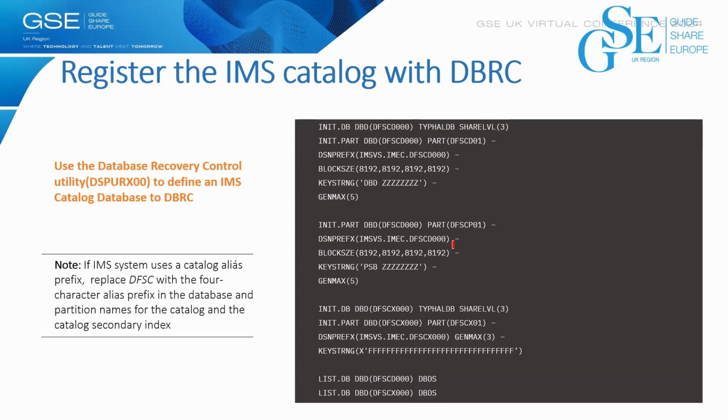This is how you need to code the names of the IMS catalog databases, the partitions and the index, except if you are using an alias name, then you need to replace this first four-character prefix with your alias prefix. For example, for IMS1, if you are using the alias prefix for the IMS catalog as IMS1, then this DFSC will be replaced with IMS1 in all these places.